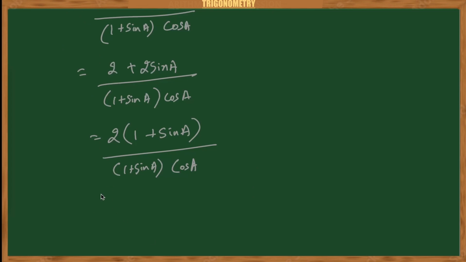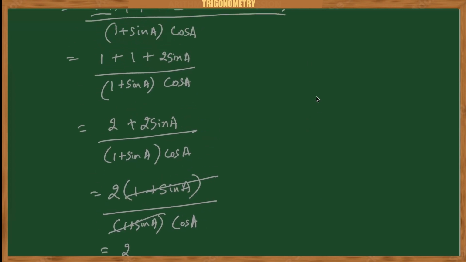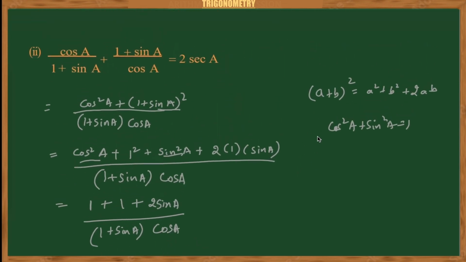Okay, so here we know this gets cancelled. We have 2 upon cos A. So does our answer have any of this? We need to bring it, so we are almost there.